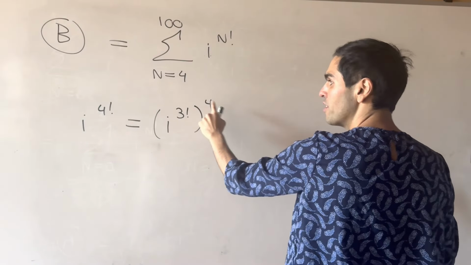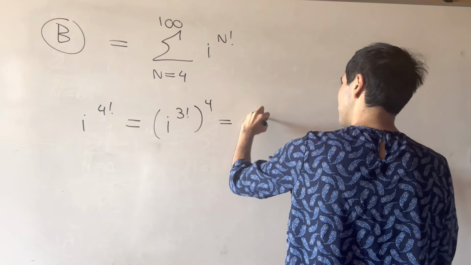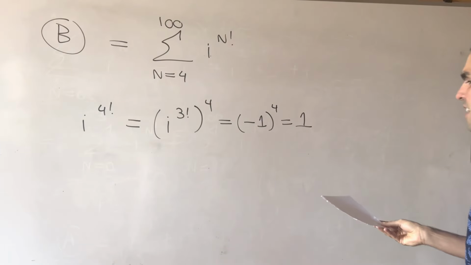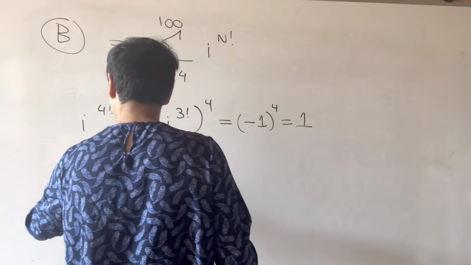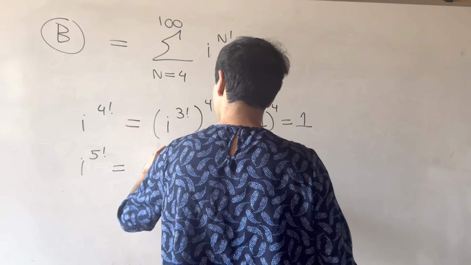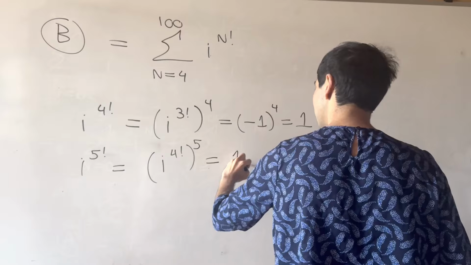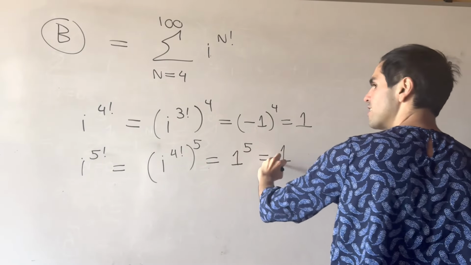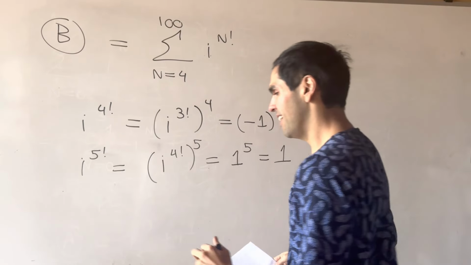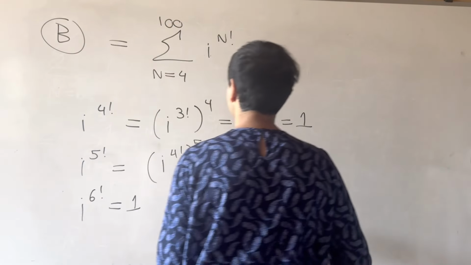Because 4 factorial is 4 times 3 factorial, and that is, remember, i to the 6 is minus 1, to the 4th power, that is 1, and then i to the 5 factorial, that is i to the 4 factorial, to the 5th power, and that's 1 to the 5th, which is 1, and by the same token, i to the 6 factorial, that is also 1.